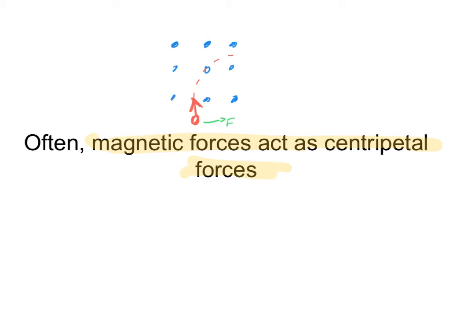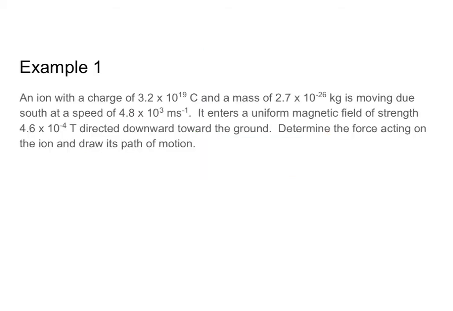So let's take a look at a problem. Example 1: an ion with a charge of 3.2 times 10 to the 19th coulombs. That should be negative 19th, I believe. Let me go ahead and fix that. 10 to the negative 19th coulombs, and a mass of 2.7 times 10 to the negative 26th kilograms is moving due south at a speed of 4.8 times 10 to the third meters per second.